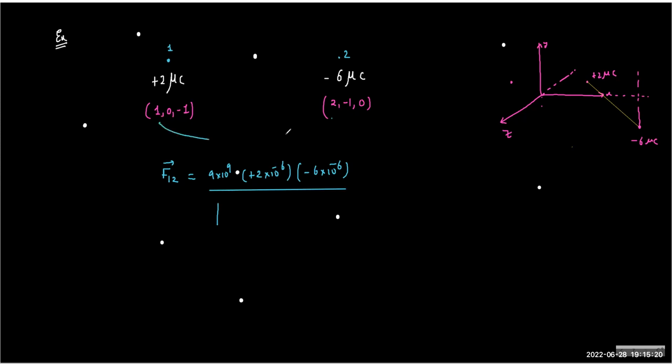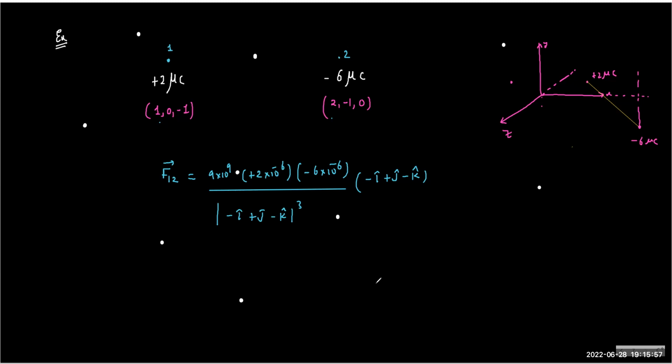You can separate each component separately. 1 minus minus, so that is minus 1 i cap. 0 minus minus 1, plus j cap. Minus 1 minus 0, minus k cap. Whole cube. And what we need to write here? The same value, but without mod sign. That's the vector. Done. How much time does it take? It takes just a few seconds to write.